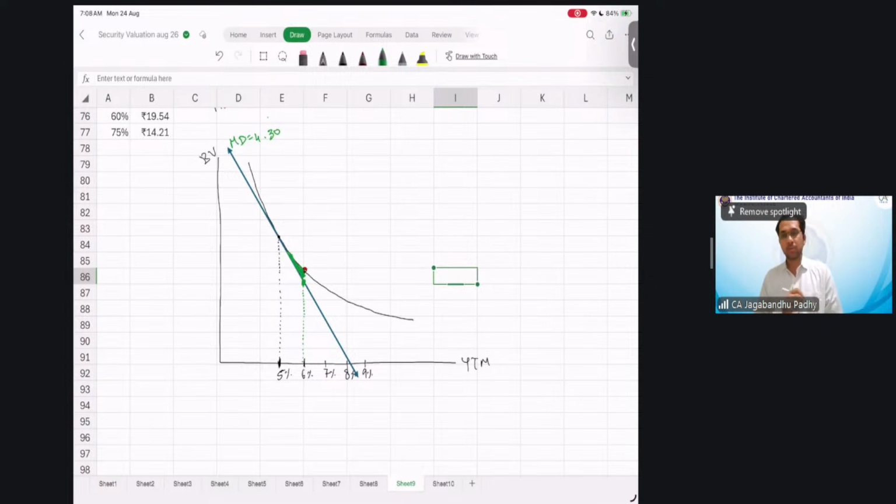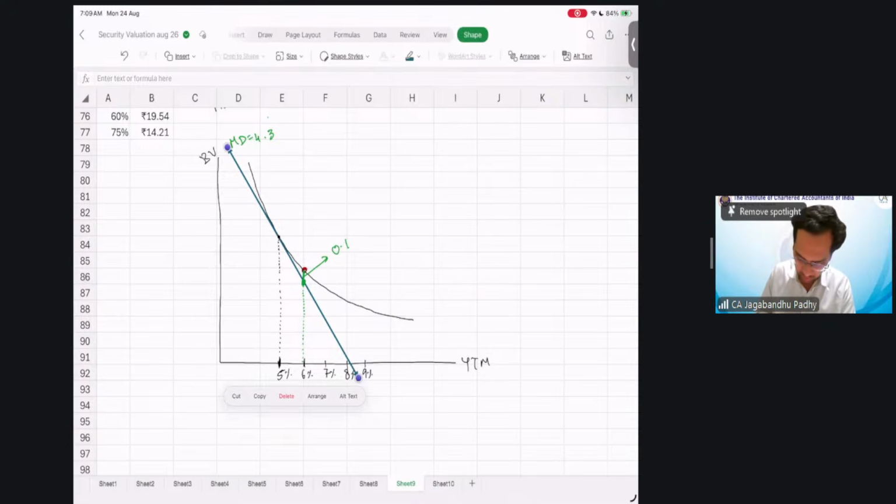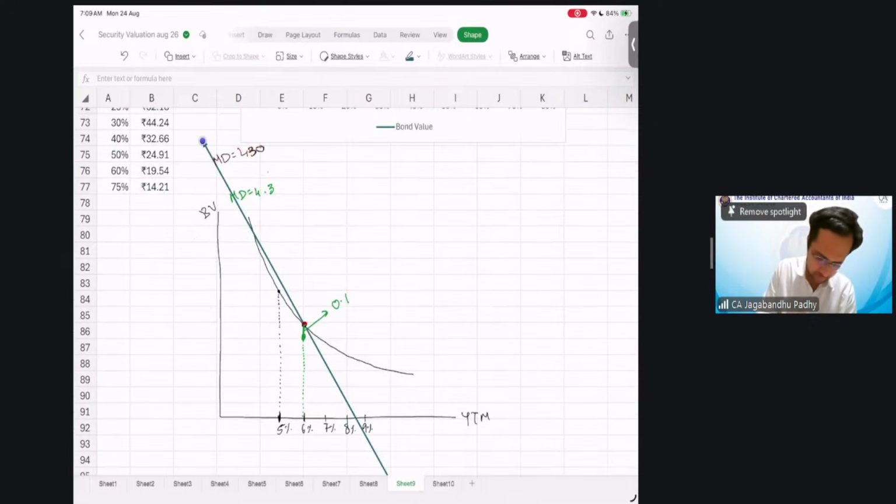This gap is the reason you will find that there is an error. This gap was representing the error that we have, initially 0.1.